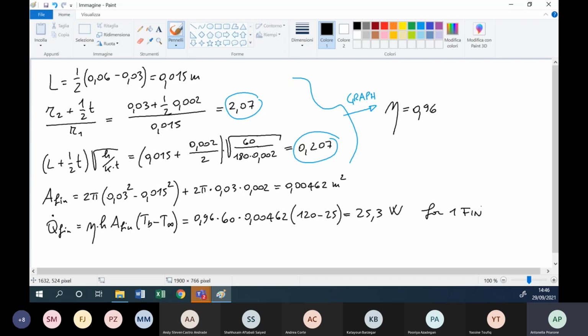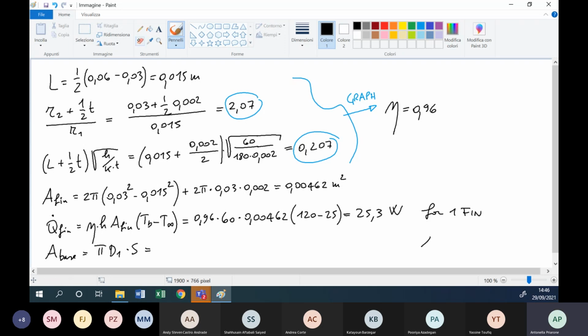Now I have to calculate the area of the base. The area of the base will be pi d1 by s, one spacing, okay?